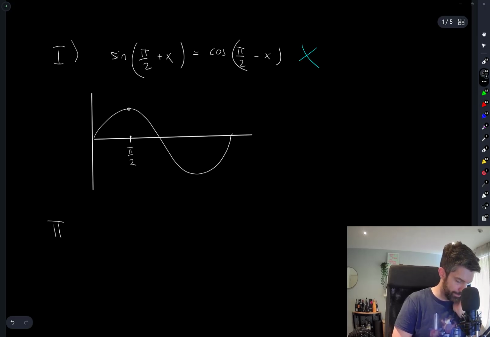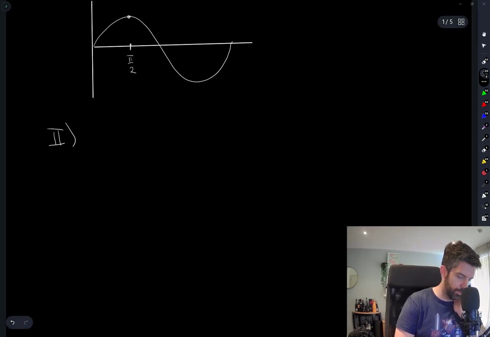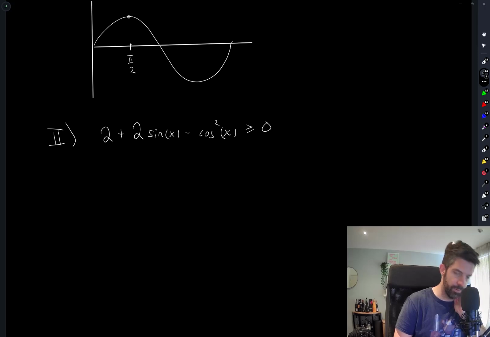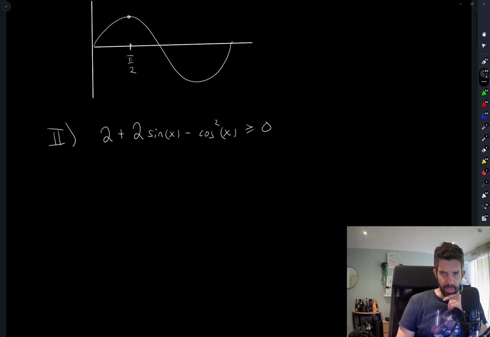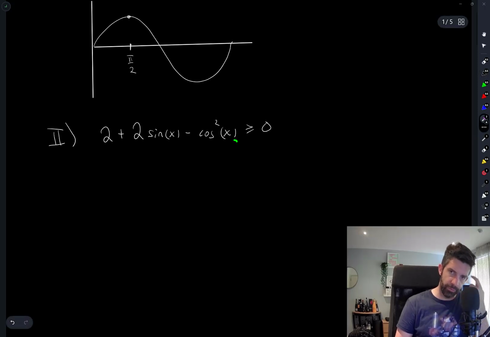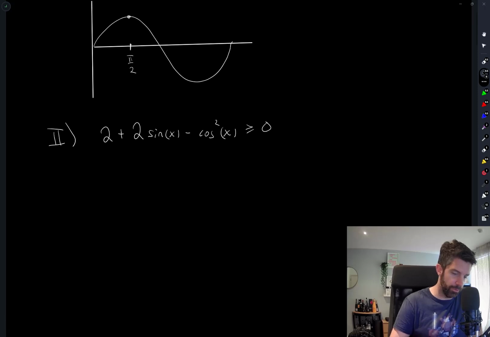Let's look at number 2. 2 plus 2 sine x minus cosine squared x greater than or equal to 0. I'm thinking to replace the cosine squared with 1 minus sine squared and do some juggling. I think this is actually going to be correct because the left hand side can be written as the square of something.